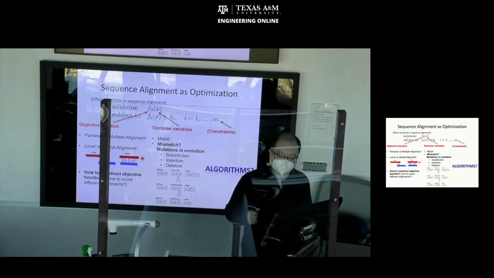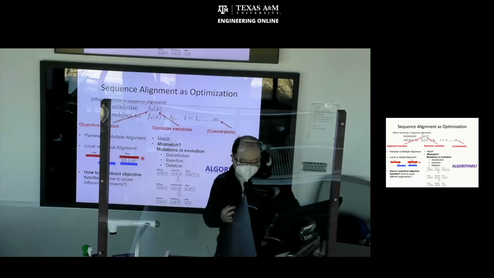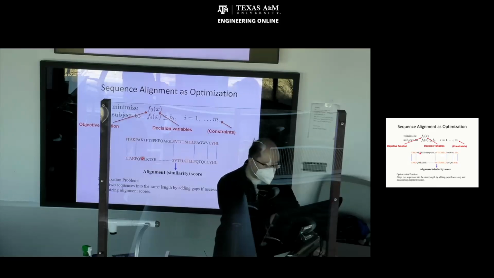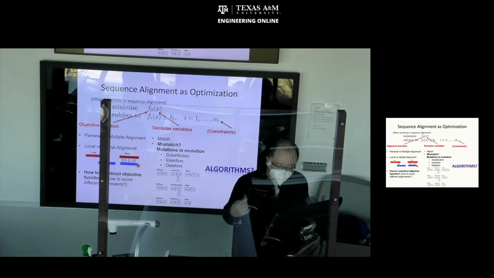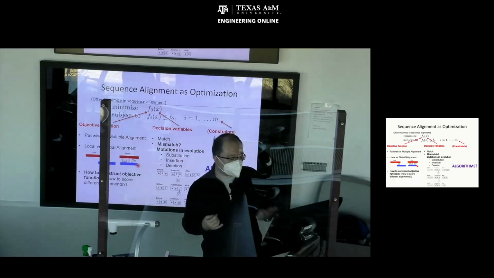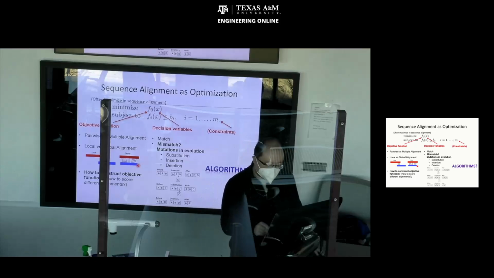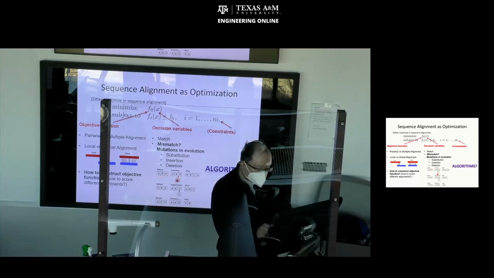And this mismatch actually has some biological context, okay? Sometimes it's like in these black cases, you have A to Q. This is called a substitution: two letters, A substituted to Q. Before and after, that's a substitution.